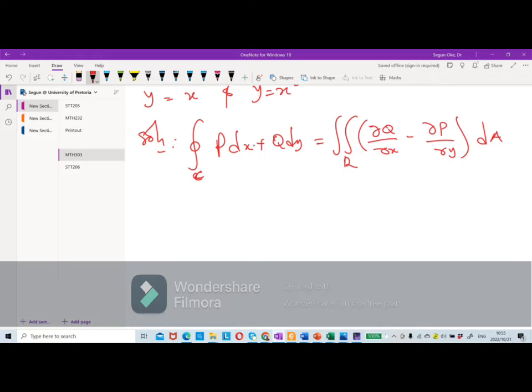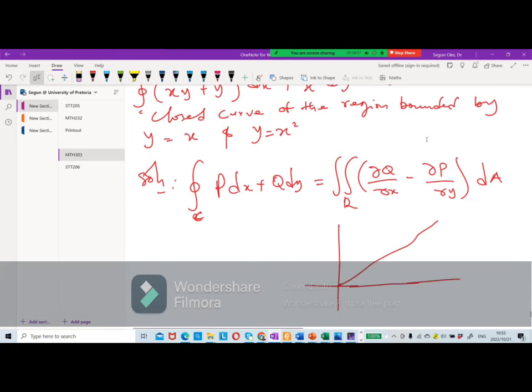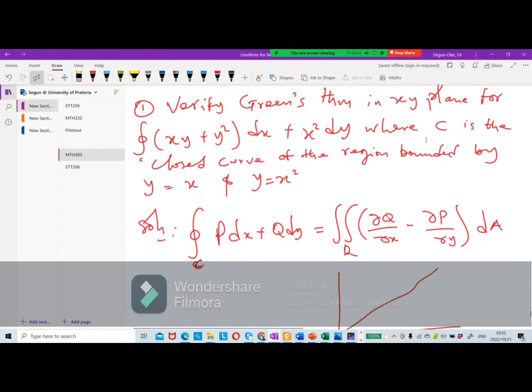But for us to solve this problem, let's look at this diagram. Remember, I told you your limits first. Let me put down the question, sir. Please be writing as I'm writing.